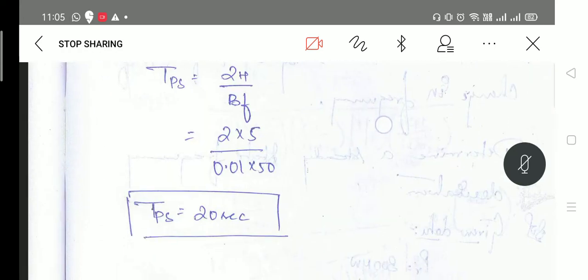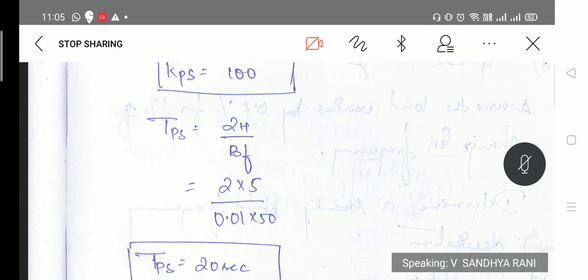Finally you have to calculate the value of prime mover time constant, that is TPS. TPS is equal to, the formula is 2H by BF. Here BF is the B in per unit into frequency.